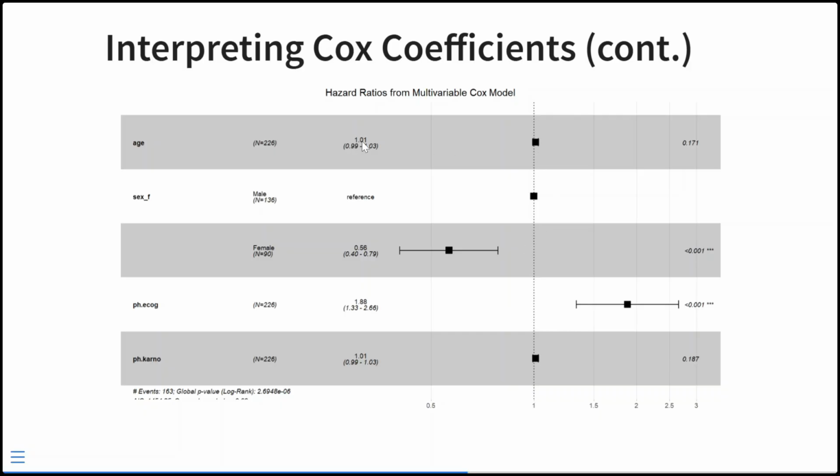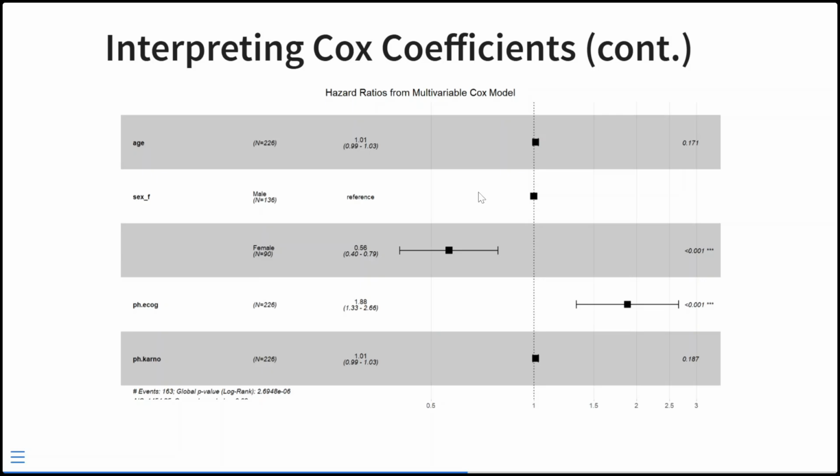For the first one, we have a hazard ratio of 1.01, which means what? No effect. Then we also have sex. This is the reference value, because age is continuous but sex is categorical.